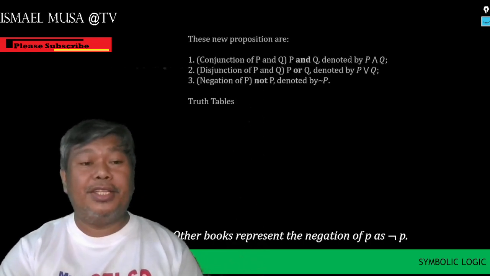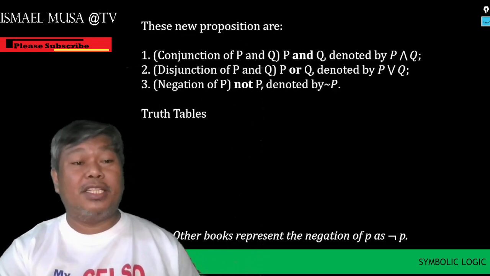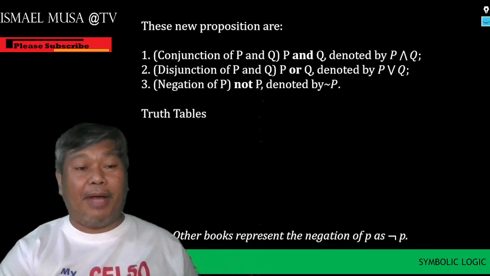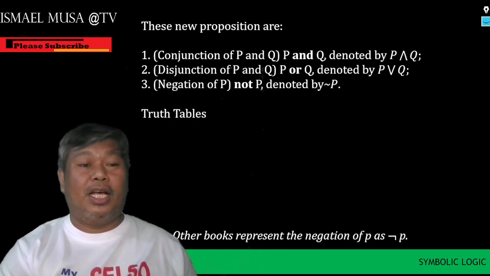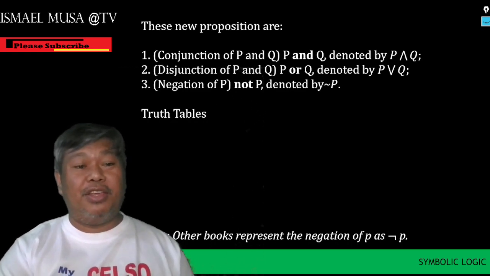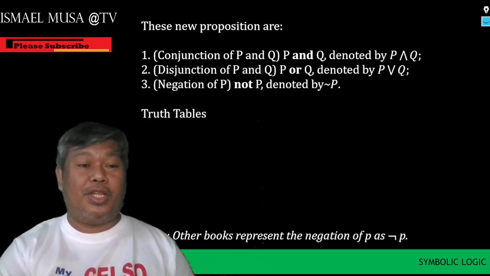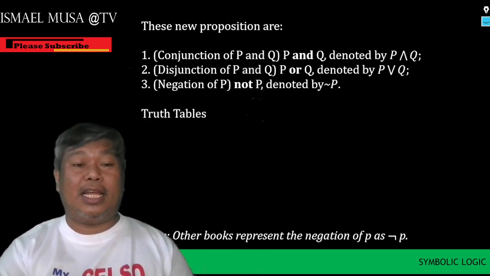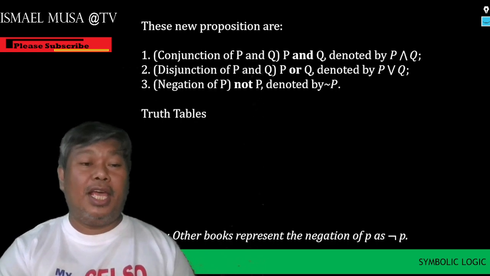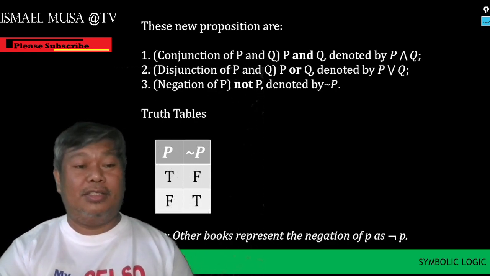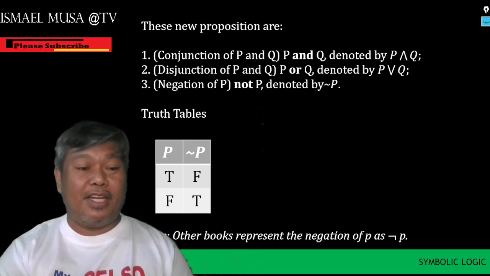Just a recall, there are three new propositions that we can come up with if we have propositions P and Q: the conjunction of P and Q, the disjunction of P and Q, and the negation of P, which is not P, denoted by the not symbol there. Then we can have truth tables. The truth table for not P is given. We have only two possible truth values of P, true or false.